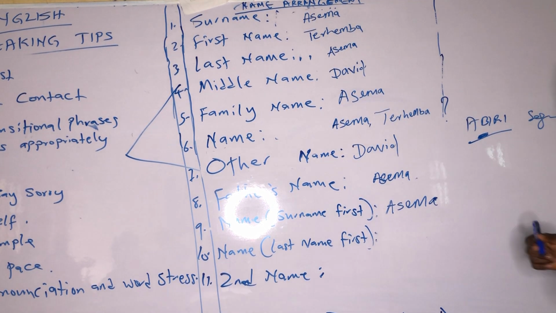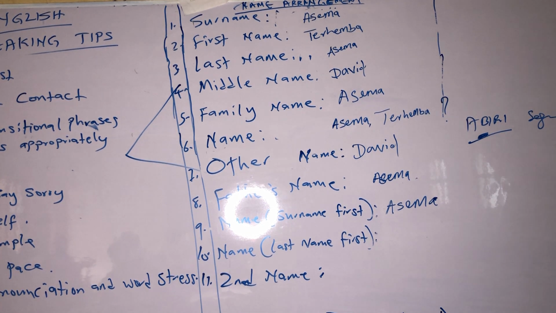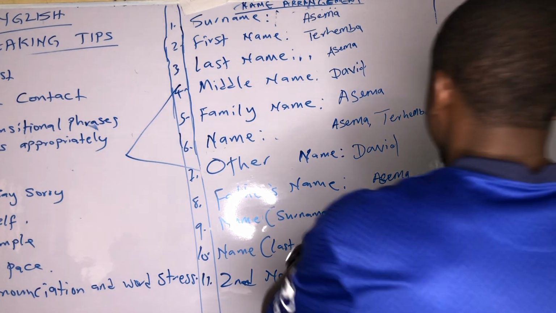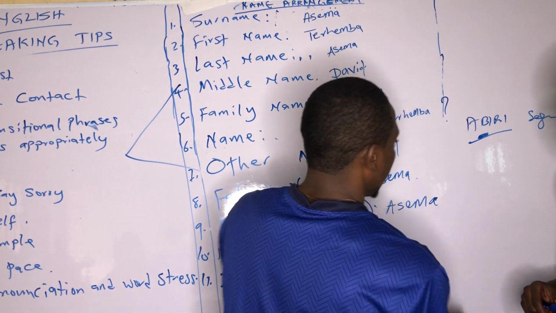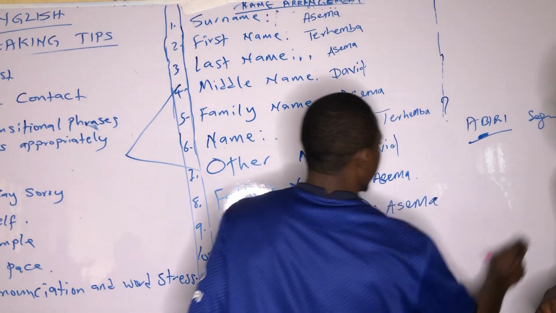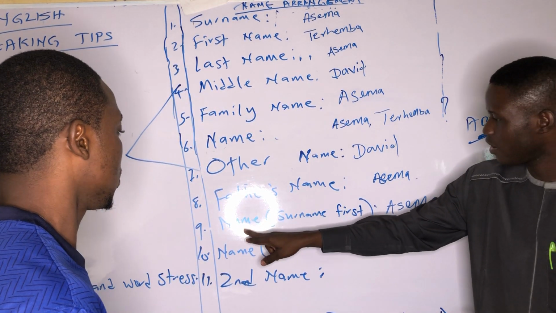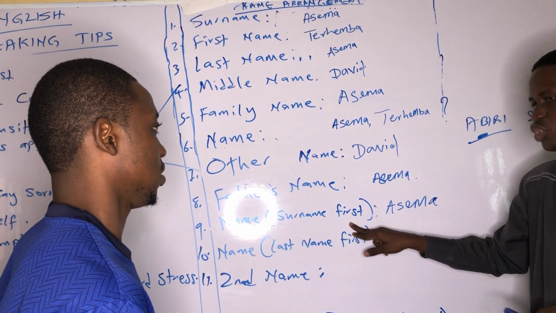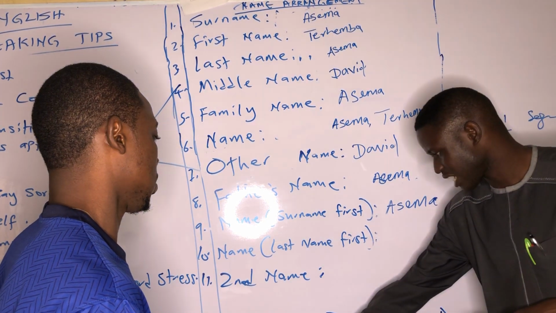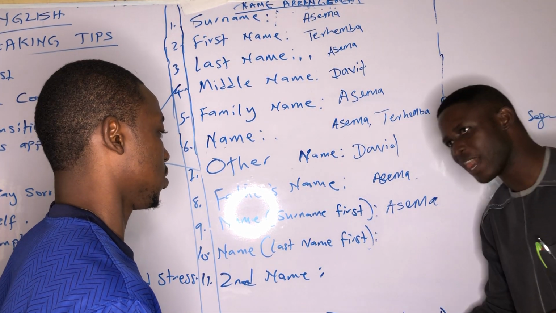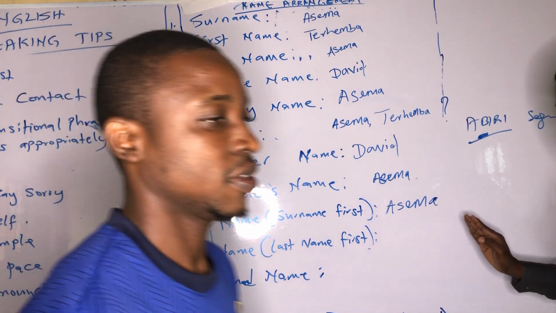Temba. When they say name, your surname first. What is your surname? Asma. After you write Asma, what follows? Temba. David. That's how you write it.